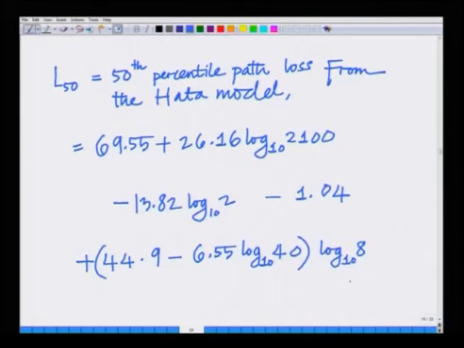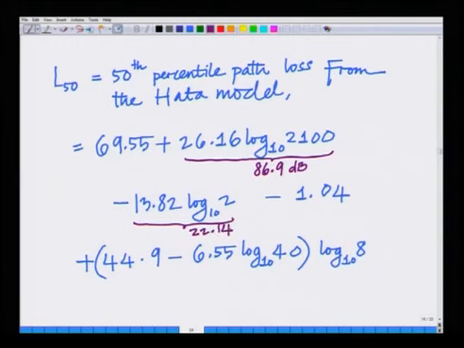So, this is essentially the net expression, and these different values can be simplified as follows. You can check these. This is essentially 86.9 dB. This is essentially 22.14 dB. This is minus 1.04 and this is essentially 31.07 dB.